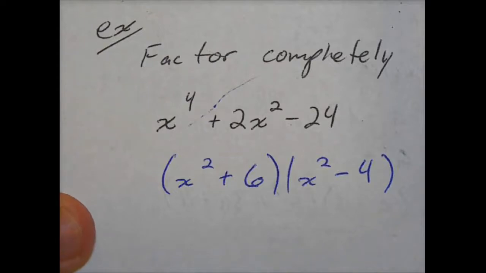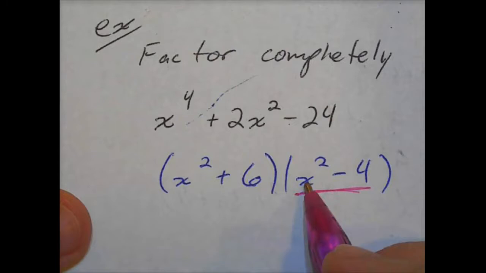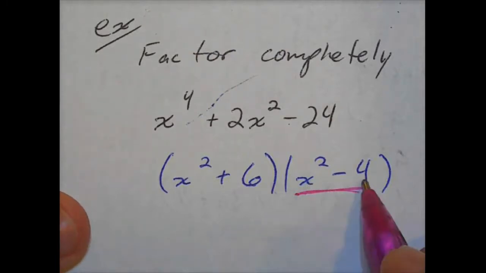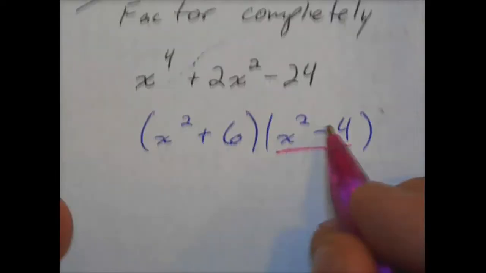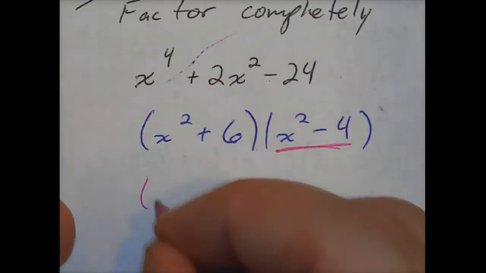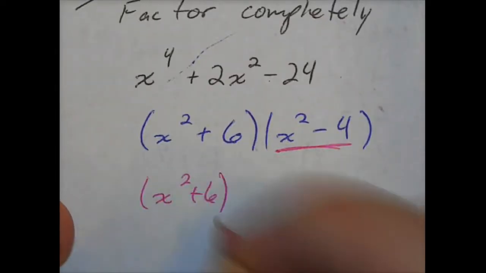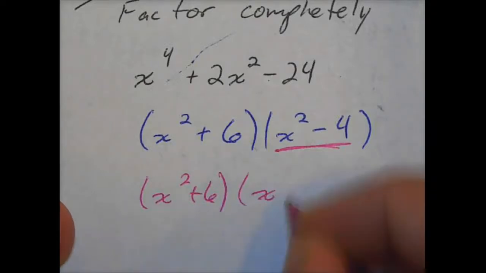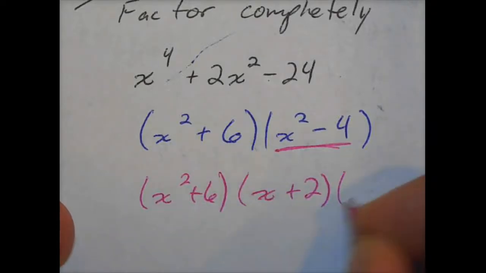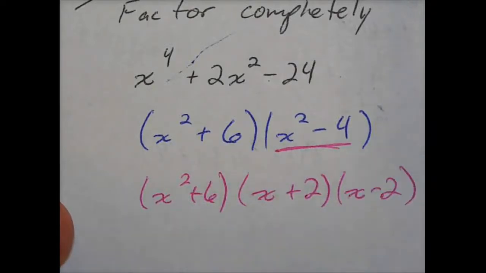Now also with this, notice we have a difference of squares right there, because the same number times itself to get x squared is x, the same number times itself to get 4 is 2, so this part will factor even further. This x squared plus 6 is kind of stuck, so it'll create imaginaries, but we can factor x squared minus 4 into x plus 2 and x minus 2. I will expect you to do that.